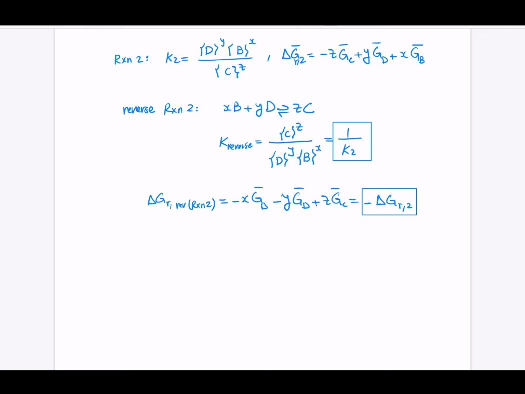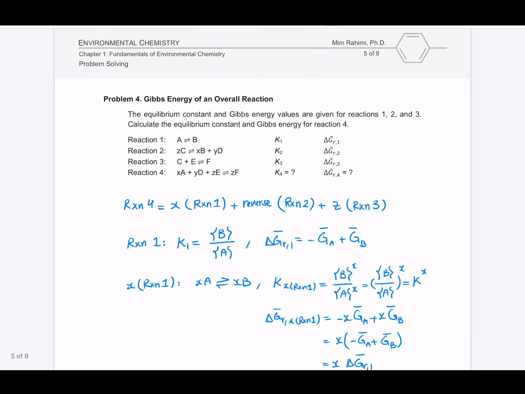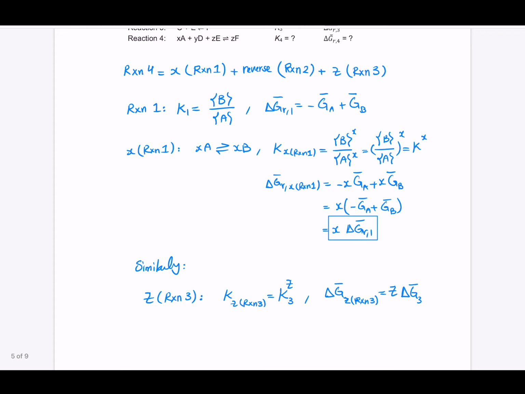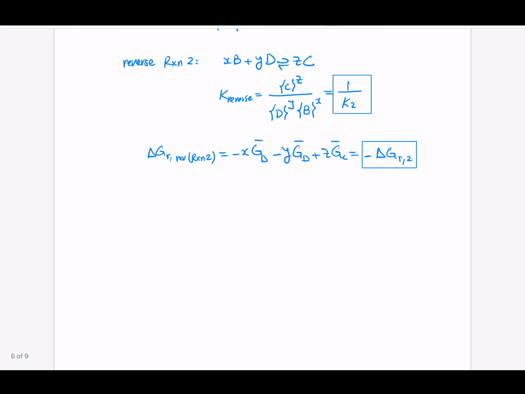So now we have all the individuals. Two from here, one was this guy. The other one was the K value here. It was this one. And also this one. So we combine all of them together.